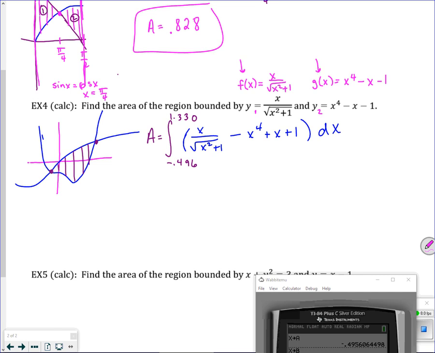If they name them, this is what I would do on my paper. I would get my bounds, because I have to write my bounds, and use the names of the functions. So I would write on my paper f of x minus g of x. Don't copy the whole equation. Use the names. You're less likely to make a mistake, and it's just much easier. It's less writing.